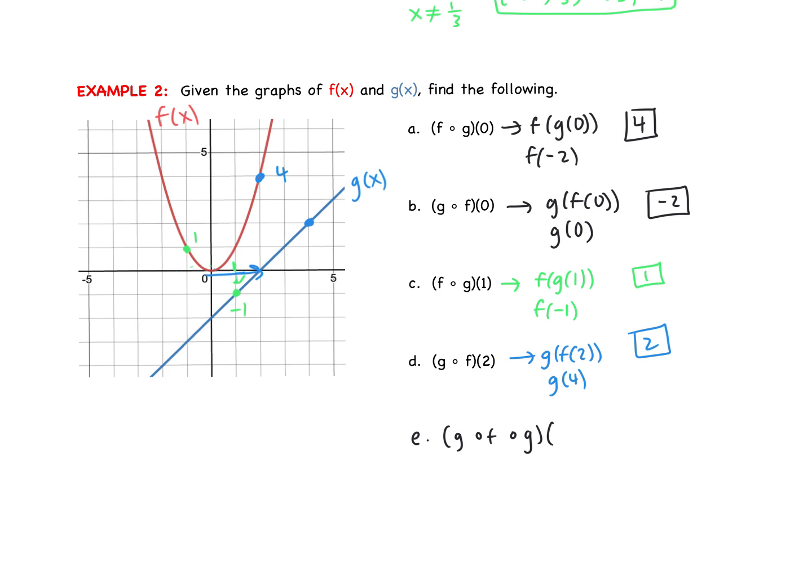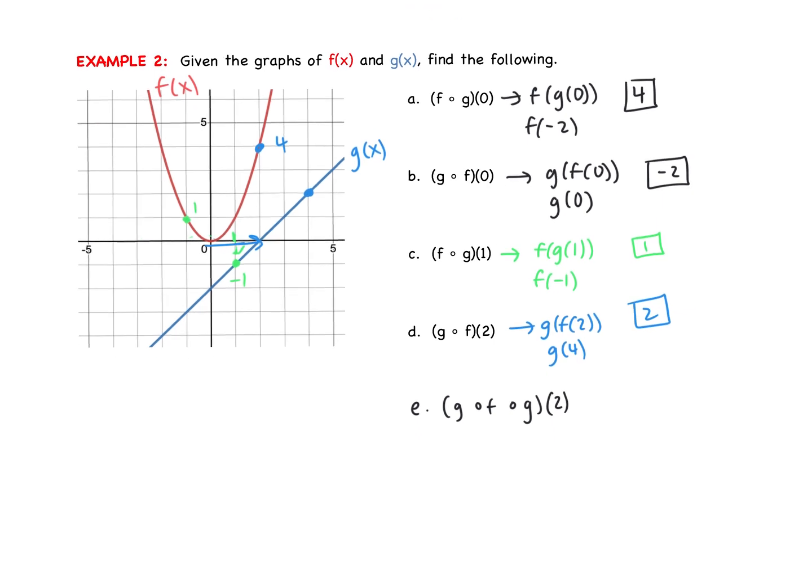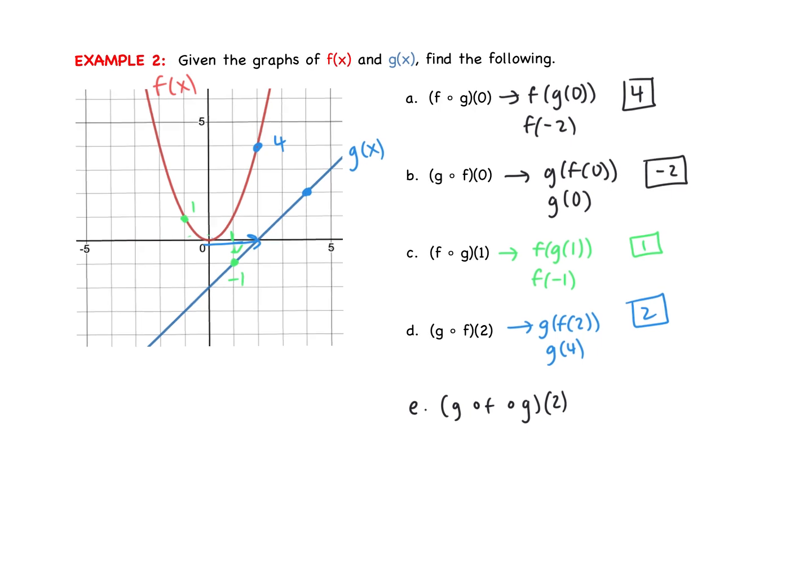I got to pick a value before we actually do this. That's what I want you to find. G of f of g of 2. So you're going to have to do 3 plug-ins. Right now, turn to the person next to you and talk through this together, please.